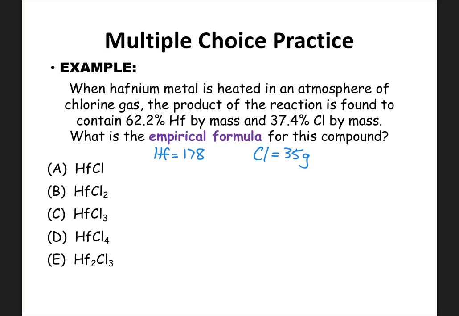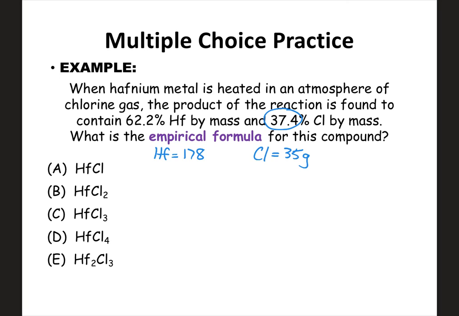According to the problem here, the product that forms is about a third. So if you can find the answer that has about a third of the mass of the overall compound being chlorine, then you would have your answer.